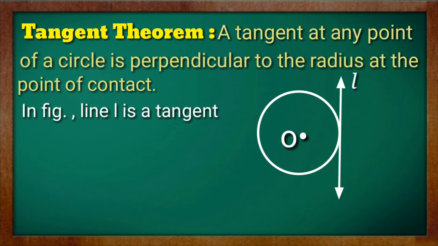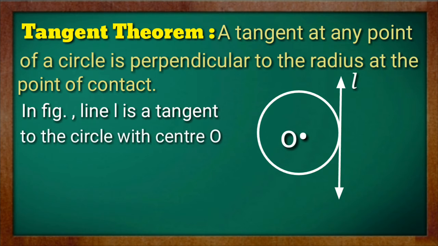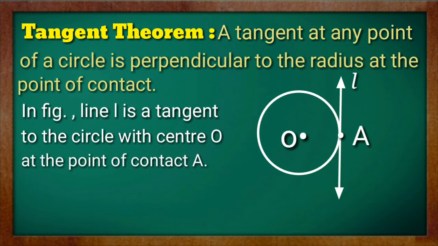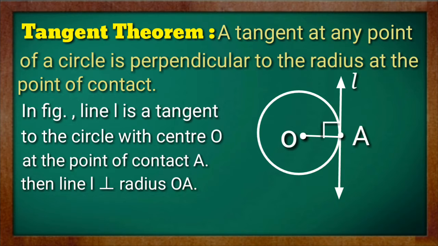Here line L is tangent to the circle at the point of contact A. Then from the given statement, line L is perpendicular to the radius OA. This property is useful to solve the example related with tangent to the circle.